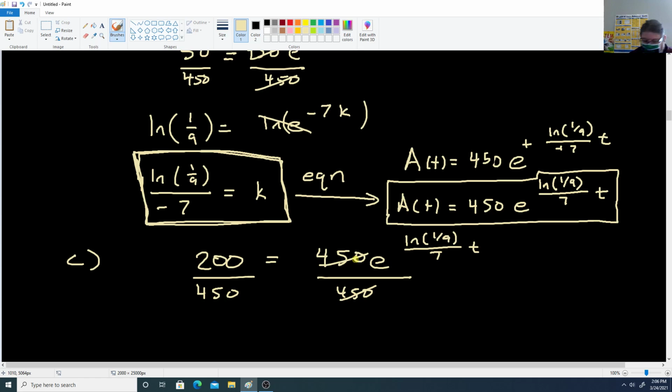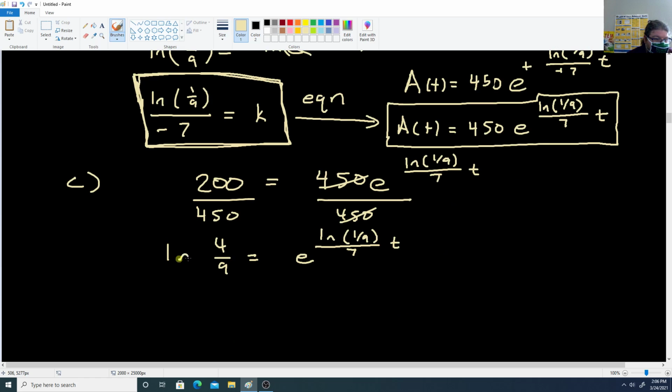So it'll cancel. And that'll give us 4/9 over here. So 4/9 equals e to the natural log of 1/9 over 7 times t.